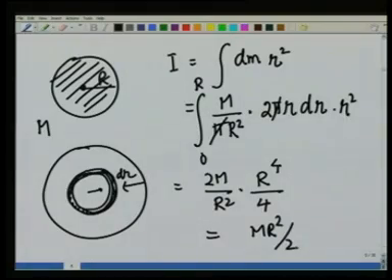That is the moment of inertia of a solid disc about an axis passing through its center.